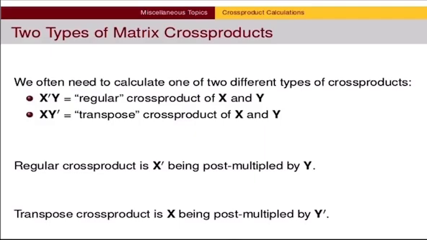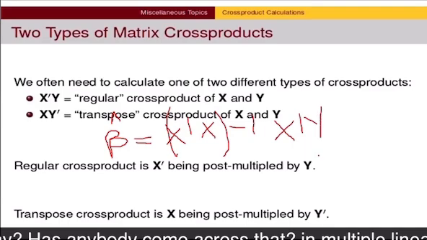If multiple variables are involved, I know you have come across something that involves cross products. For instance, you want to estimate parameters in a linear regression model. Has anybody come across a beta hat equals X transpose X inverse, X transpose Y in a multiple linear regression model?